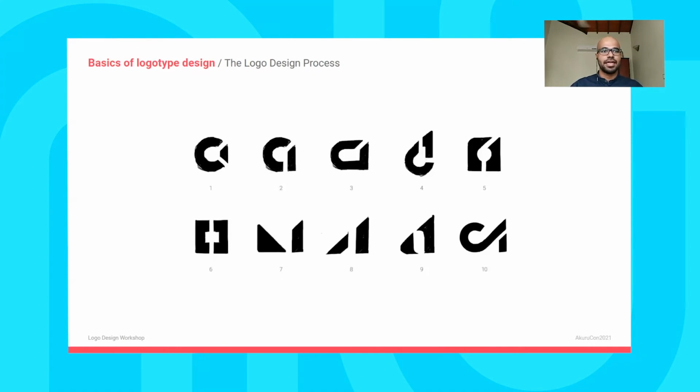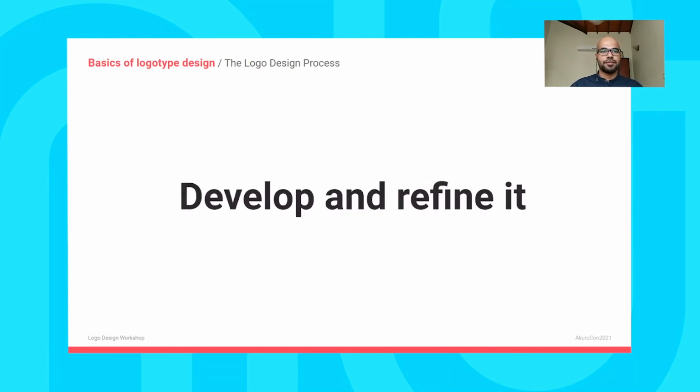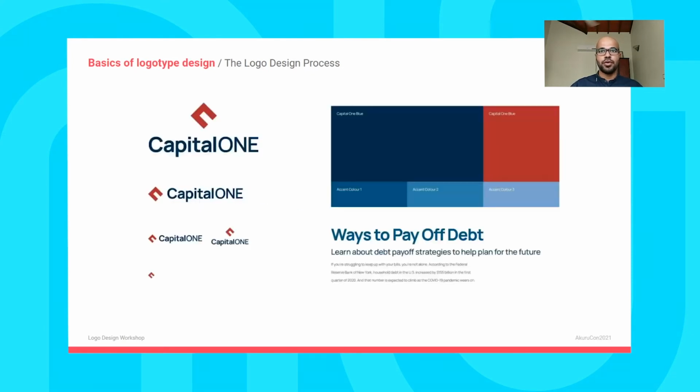On the next slide, I think I've talked about how it's refined, and then you move on to the final design where you tackle the nitty-gritties of the color usage and what type of applications that you want to do.